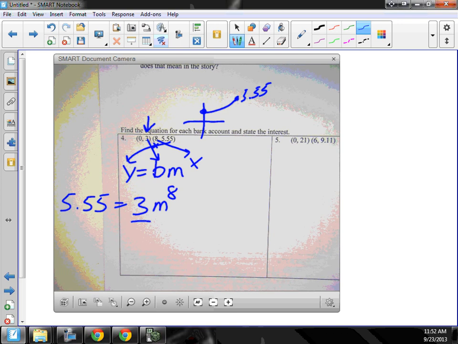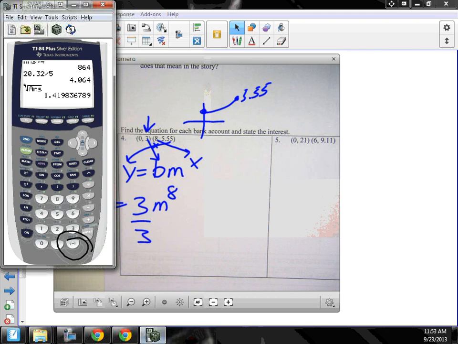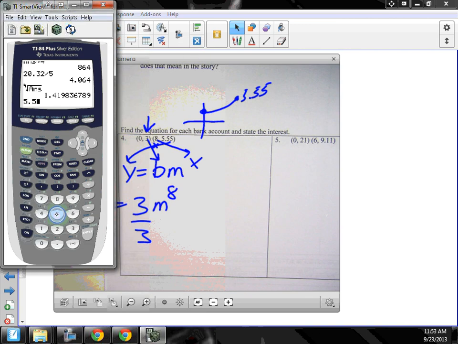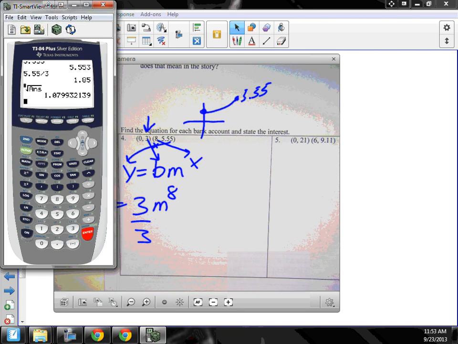So I divide by 3. Whenever I get there, I'm going to take the 8th root. 5.55 divided by 3 is 1.85, and I want to take the 8th root, so 8 math x root, and I could type in 1.85, but I'd rather just do second answer, and I get 1.08.